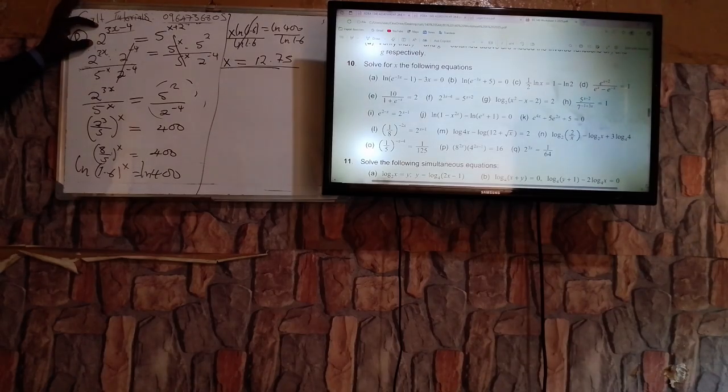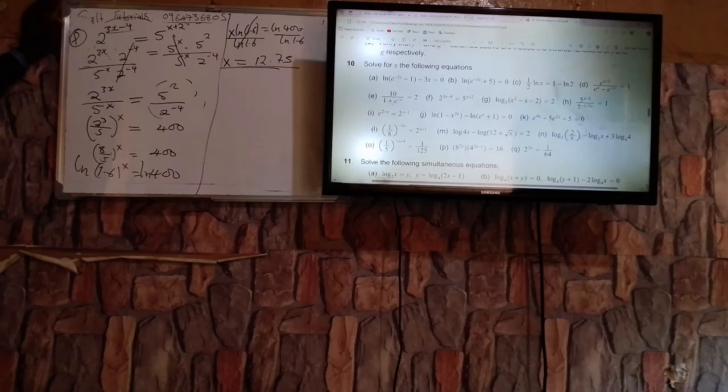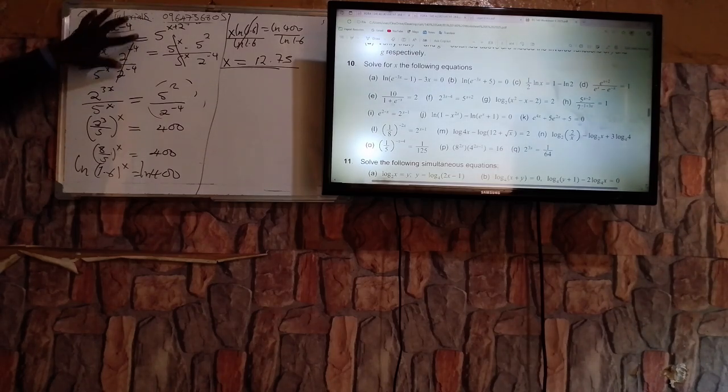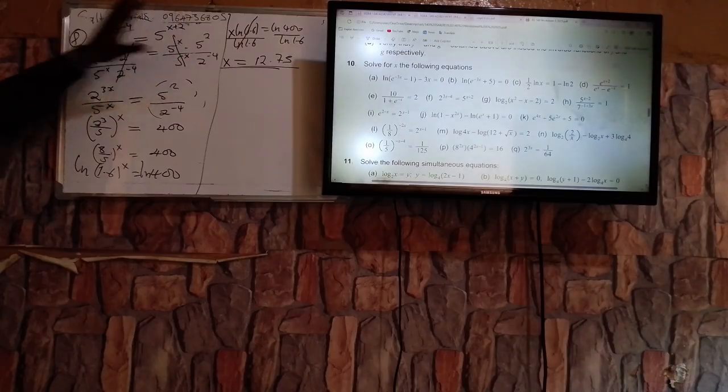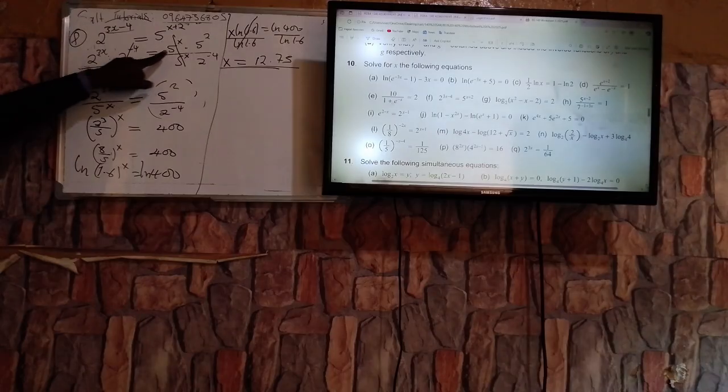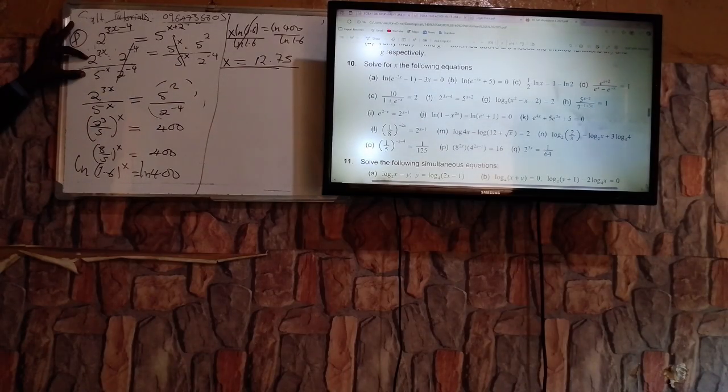So running through, first I had to look at the exponential property. 3x minus 4 is the same as 2 power 3x multiplied by 2 power negative 4. 5 power x plus 2 is the same as 5 power x multiplied by 5 squared. Now I want everything which has an x to be on one side. So we divide by 5 power x so that this 5 power x should go to this side.